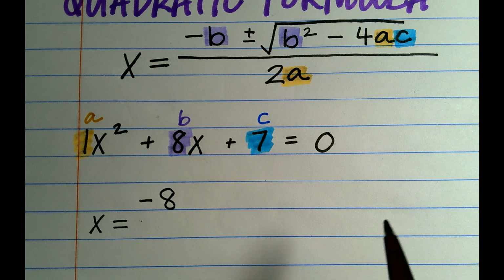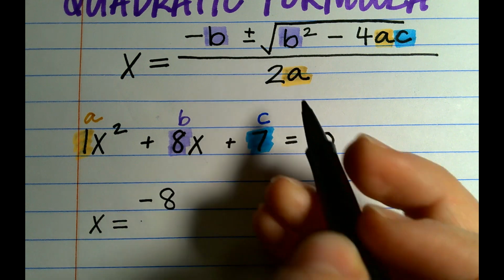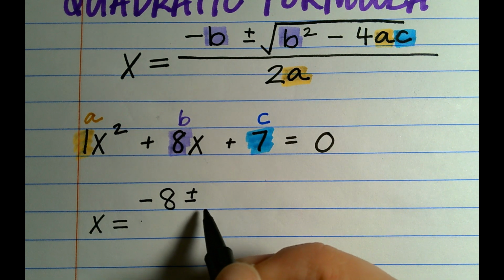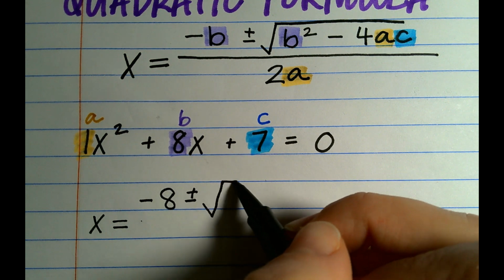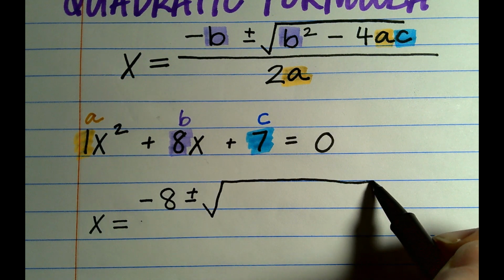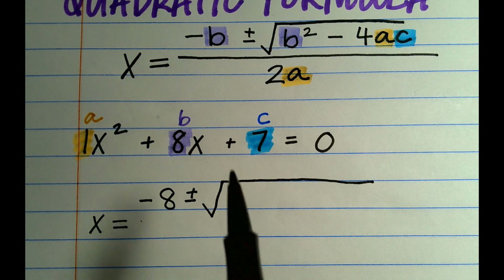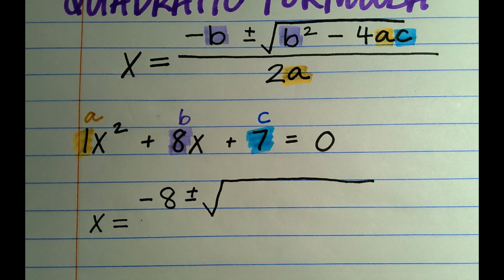What's next? 8 squared. Not yet. Almost. What's next? Yeah, every single tiny baby step, plus or minus, and then what? Square root. I know it might seem like I'm being tedious about this, but I cannot stress enough how many students I see forget to do the plus or minus or forget the square root, and you'll get the wrong answer. So it's so important to do every little thing.